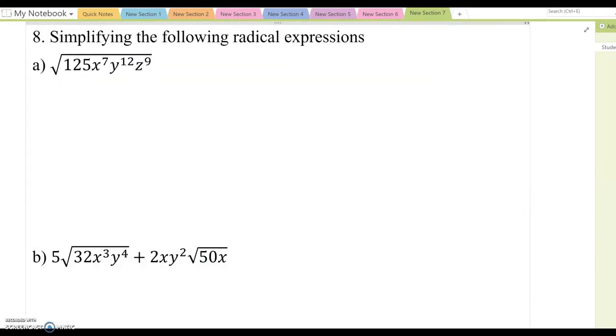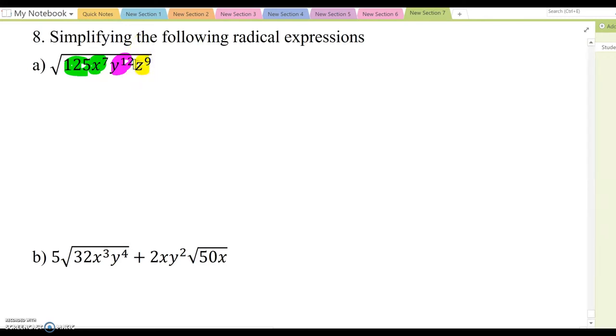Number 8, simplifying the following radical expressions. So as you see, this radical expression has numbers x, y, and z, 4 different variables.